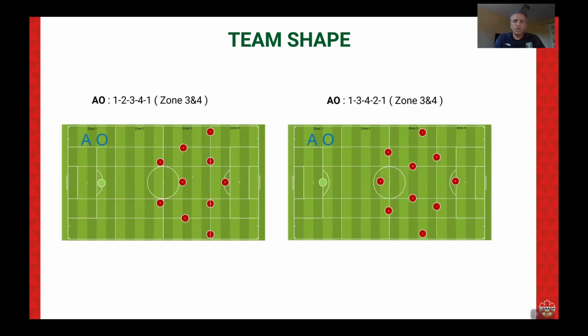If the opponent starts playing in a low block, maybe I use the formation 2-3-4-1 or 3-2-4-1. Based on the situation, I pick one of them and ask the players to do it.